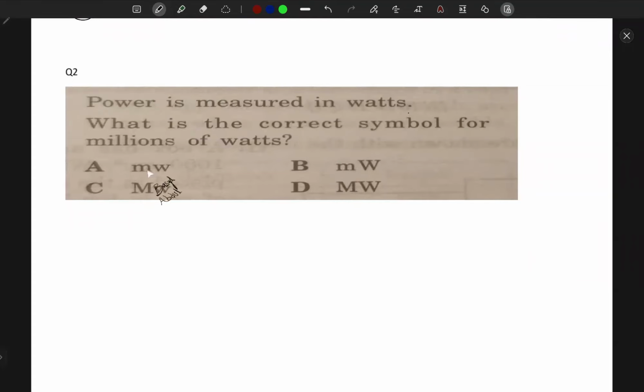You have different options: small m with small w, capital M with small w, small m with capital W, and capital M with capital W. Any idea what this prefix denotes, or what it tells you?